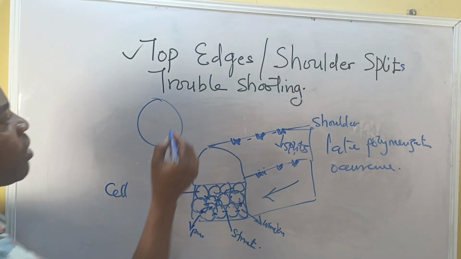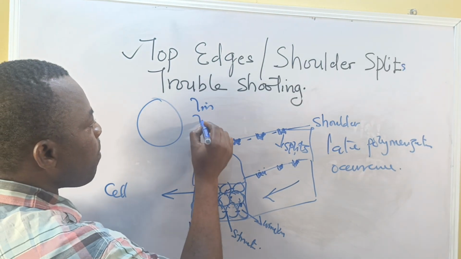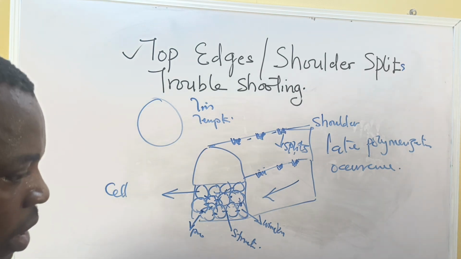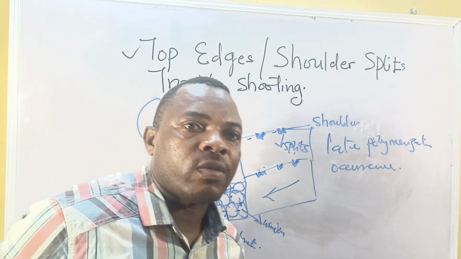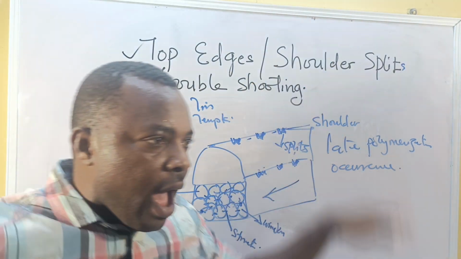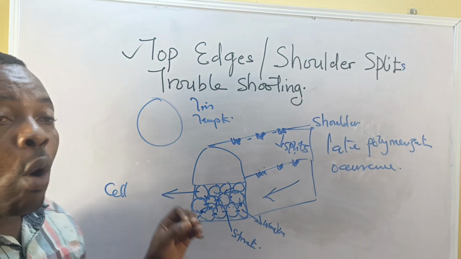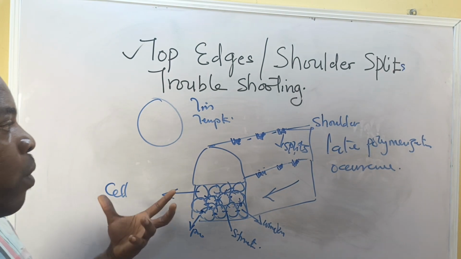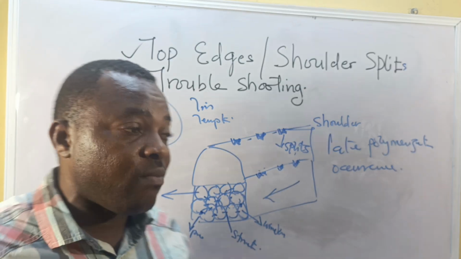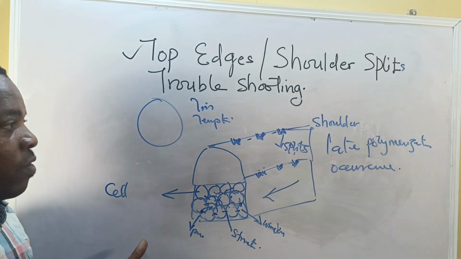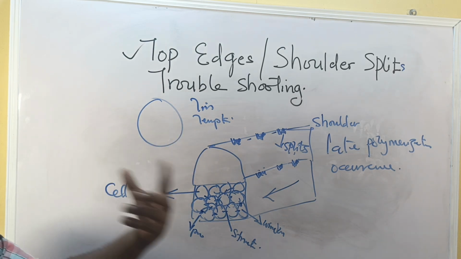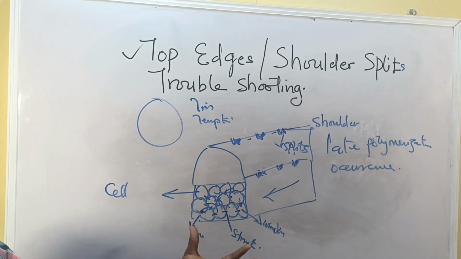Now, how can you correct it? Tin catalyst, temperature. I understand in some locations, there are some countries that naturally have atmospheric temperature that is always very cold. So people that are operating PU foam production in that environment can preheat some of their raw material like water, okay, to enable the polymerization reaction to be well activated.